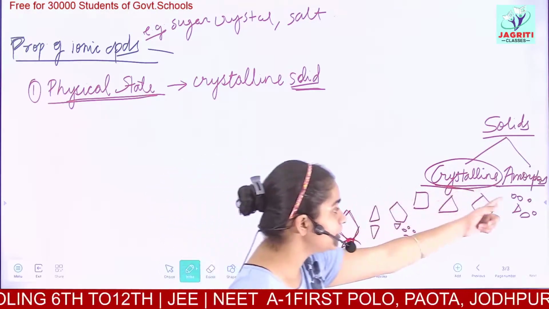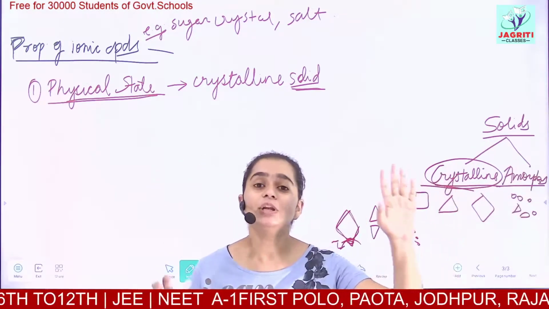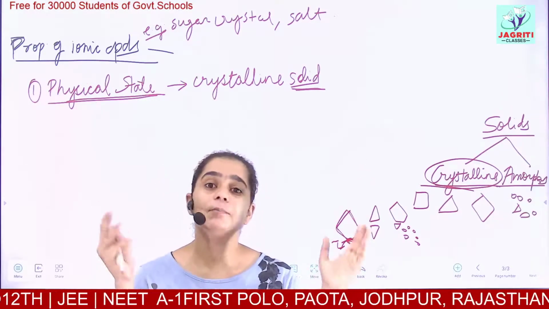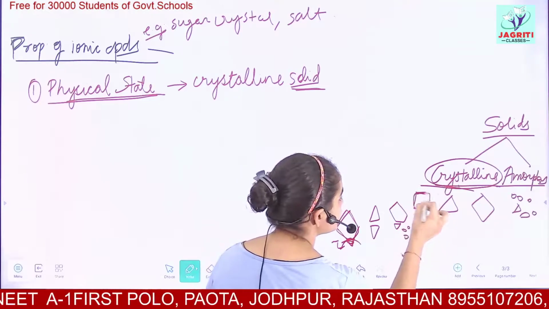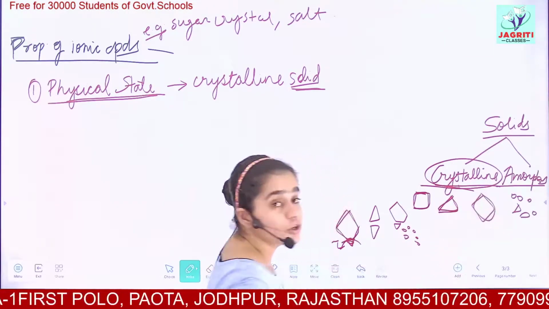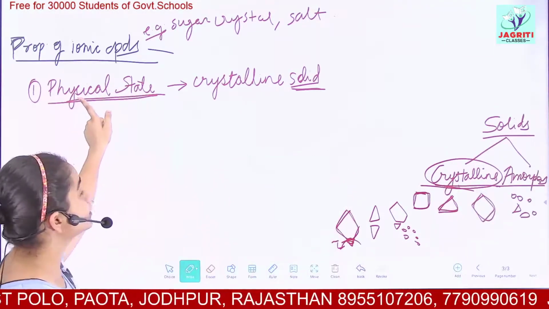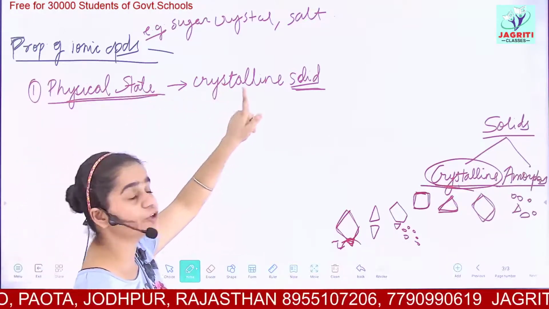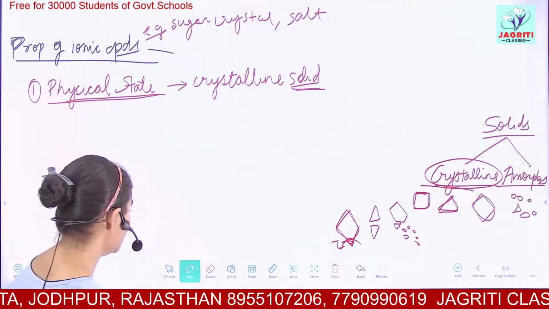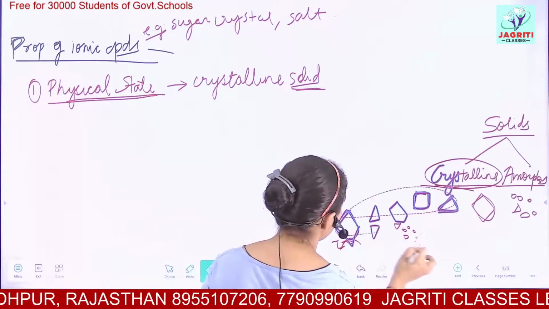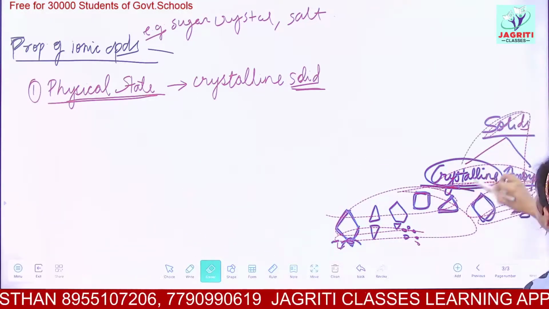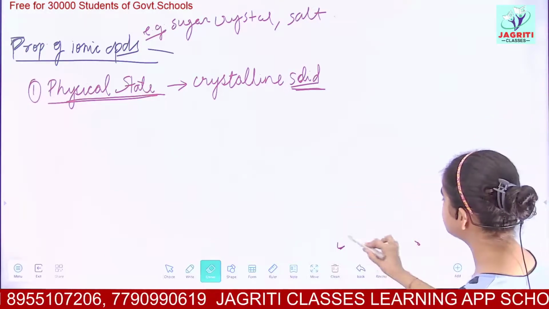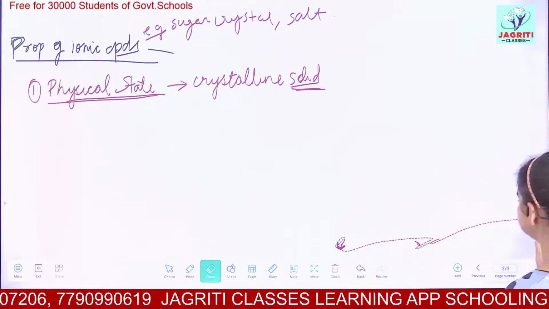Amorphous means they do not have a particular shape; they contain a mixture of shapes. But crystalline means all the particles have a similar shape. So these ionic compounds have a physical state of crystalline solids. I hope you get what is meant by crystalline solids.